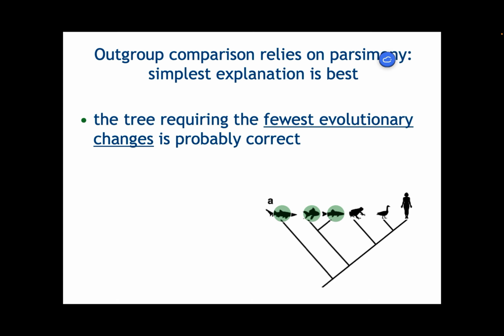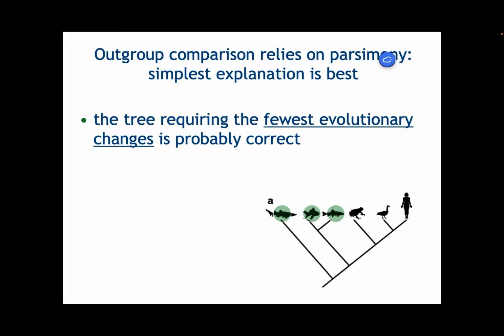We can apply parsimony or Occam's razor to phylogenetic analysis and say that if we have to choose between different evolutionary explanations, maybe two possible trees, two ways of depicting evolutionary relationships, or there's two possible character histories, this trait is derived or the trait is ancestral, whichever requires fewer evolutionary steps, fewer evolutionary changes, and by an evolutionary change, I mean the gain of a trait or the loss of a trait.